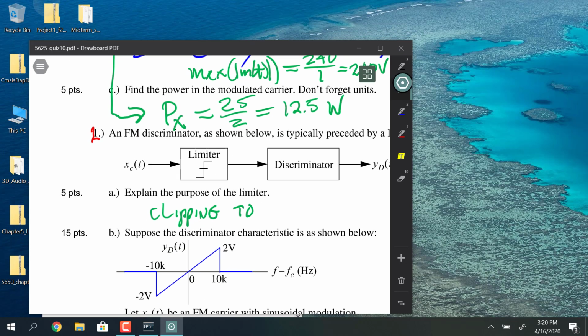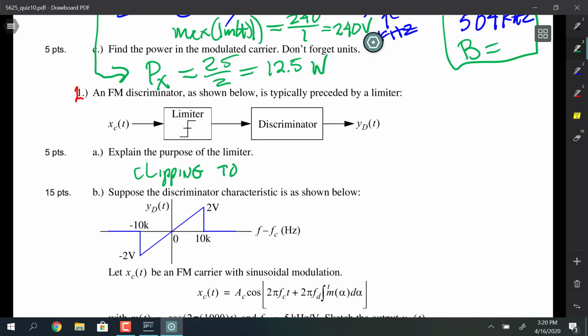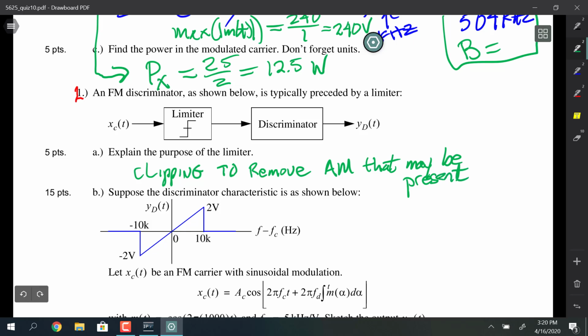So I would say clipping to remove AM that may be present, and it's also going to gain level the signal too. It's going to keep it at a constant envelope.